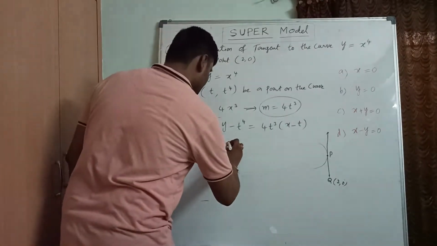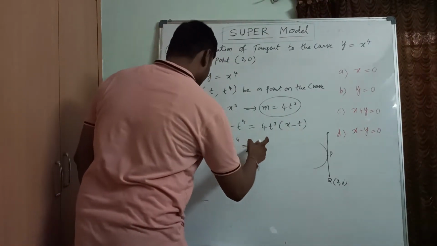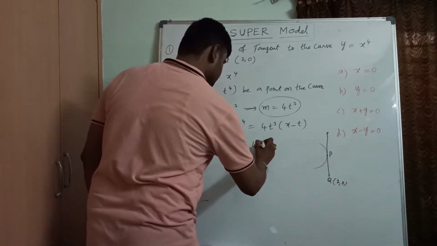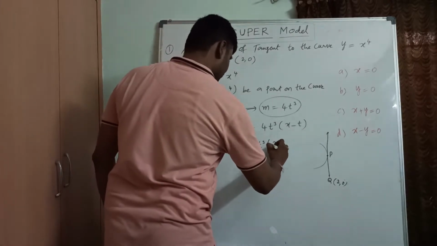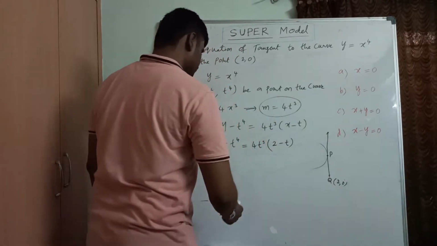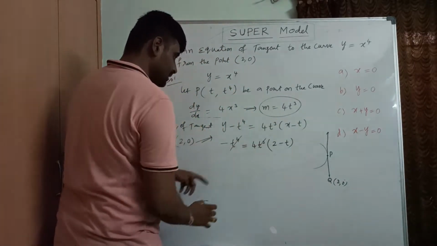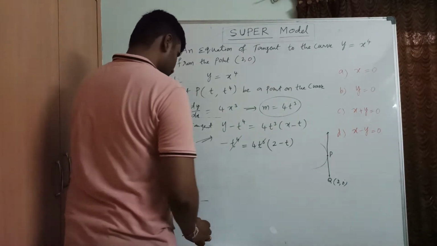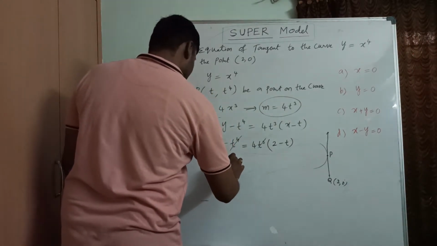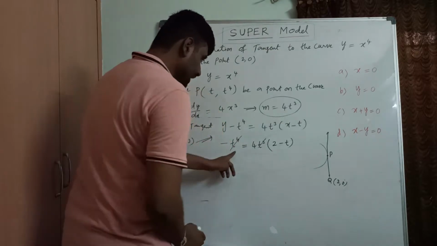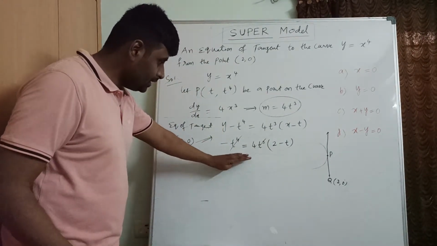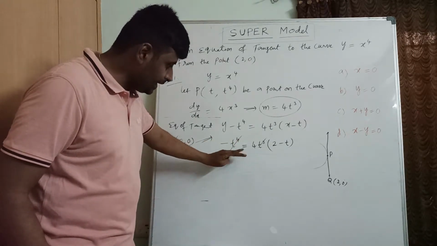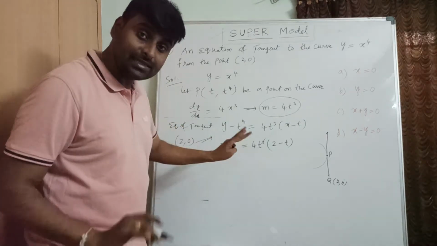0 minus t power 4 equals 4t cube into (2 minus t), since x here is 2. Here t power 4 and t cube cancel, but one more t is left. See, we should not cancel actually, because t equals 0 is also a solution. If you observe, whenever you are finding the t value, we should not eliminate t terms.